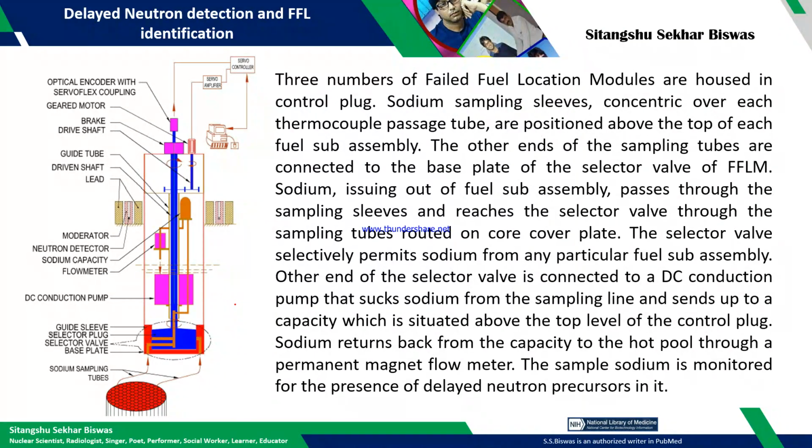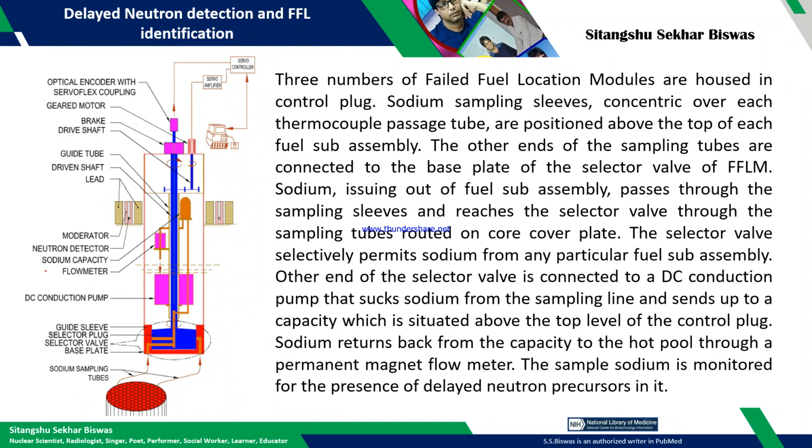Here you see the basic structure of that. Typically in a fast spectrum reactor, three of these failed fuel location modules will be housed in the control plug.